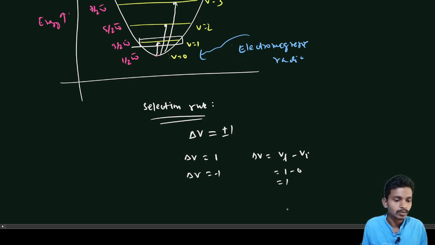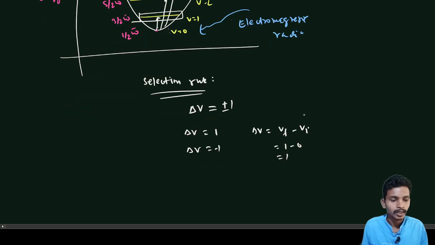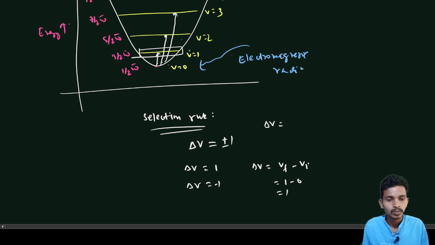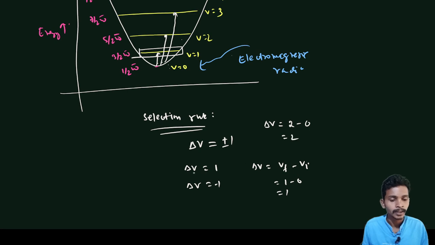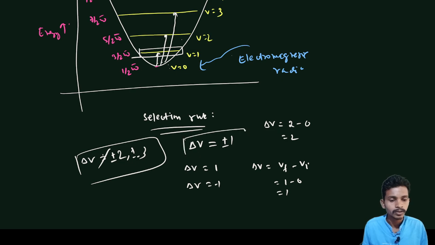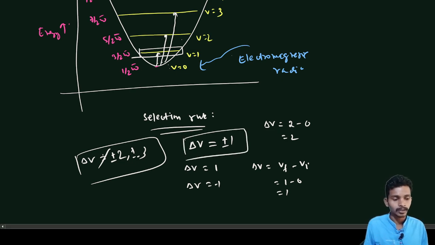But from 0 to 2, final 2 minus 0 is 2, it cannot be. Delta v can't be plus or minus 2, or plus or minus 3. So it can be only plus or minus 1, like rotational spectroscopy.